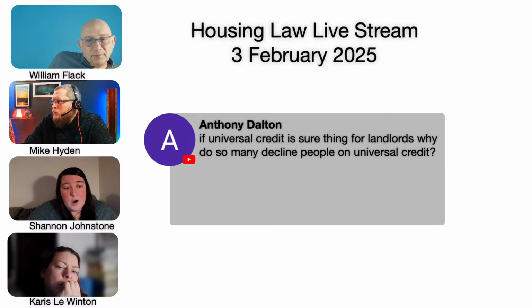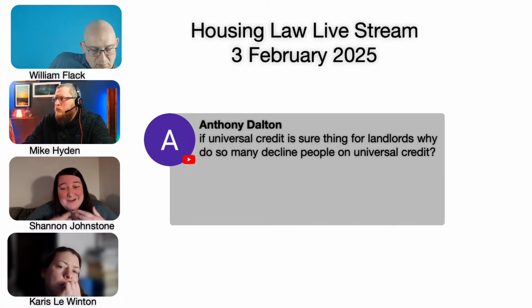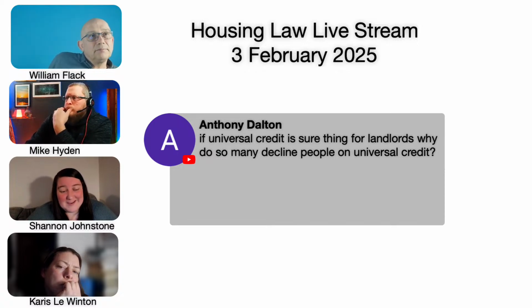There's a whole list of requirements that make it a dead cert that you'll get that. But if you are homeless, that's quite a good argument to put forward to your worker on universal credit and ask them to pay direct to the landlord. So that's something that eases it. I don't necessarily understand it personally, but that would be my guess from a landlord's perspective anyway.